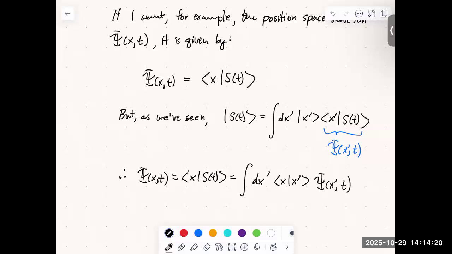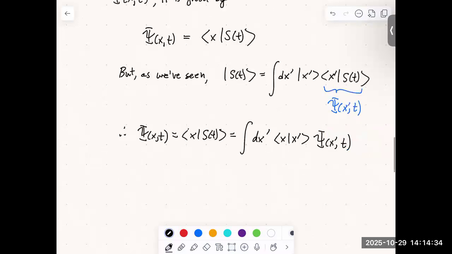But if x represents an orthonormal basis, then the inner product of x and x prime is going to be 0 if x prime is different than x, and it's going to be 1 if x prime is equal to x. And again, that's just the delta function. So this is delta of x minus x prime. It's not the Kronecker delta. The Kronecker delta is for the discrete case, sums. This is the continuous case where we have some continuous basis, some function of x.